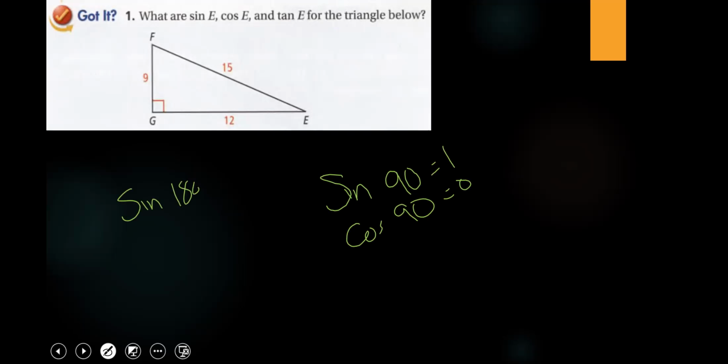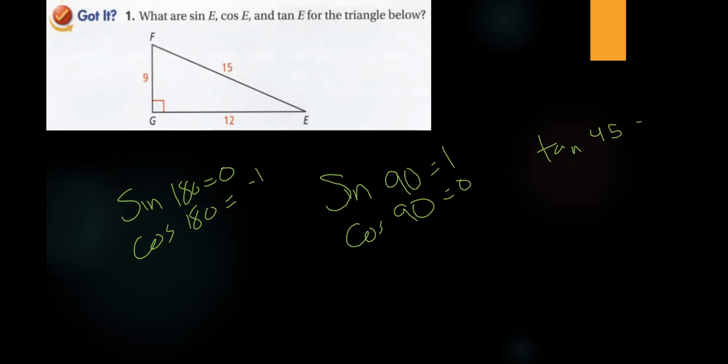That means sine 90 is 1 and cosine 90 is 0, and sine 180 is 0 and cosine 180, I think, is -1, like tan 45 is 1. And so on. And that means the angle could be 0.